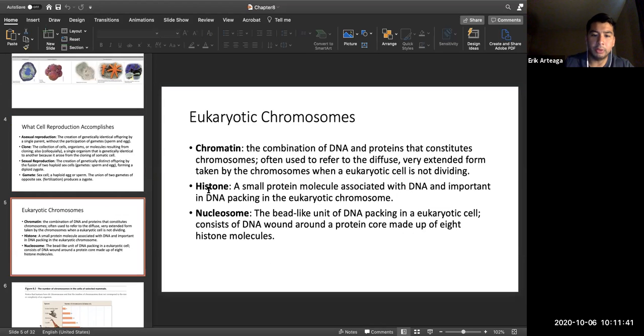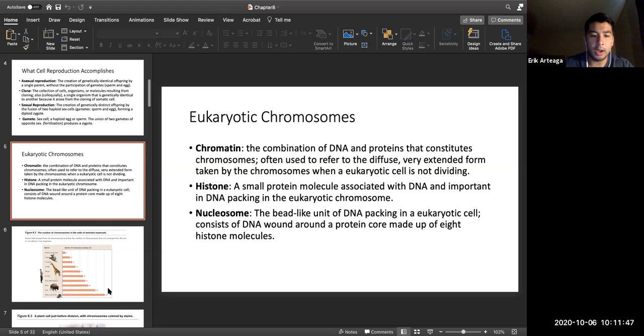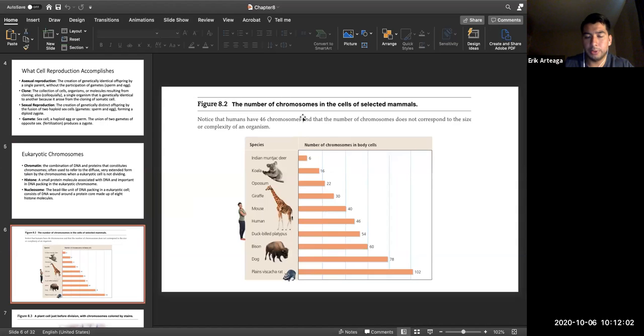So you have different proteins associated, or different structures associated with the eukaryotic chromosomes, right? We have histones that wrap around DNA. You have chromatin. This is bundles of DNA, the protein and DNA combined, and the nucleosome. These are going to be bead-like units of DNA packed together, and they're going to be tightly wound, right? Now, there's a varying number of chromosomes in different organisms, right?